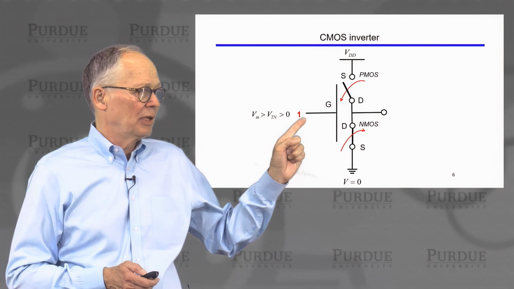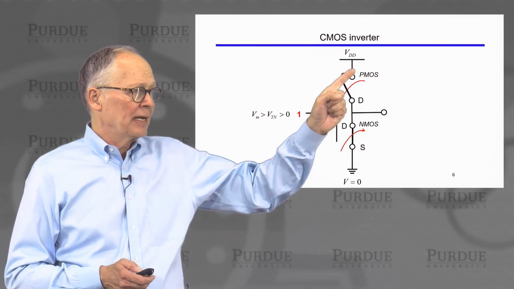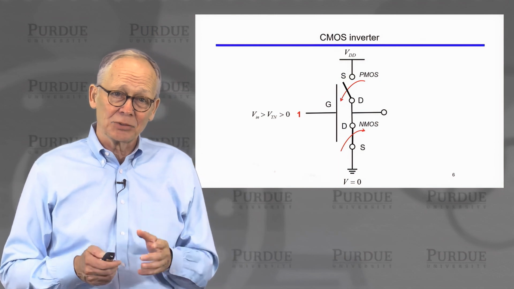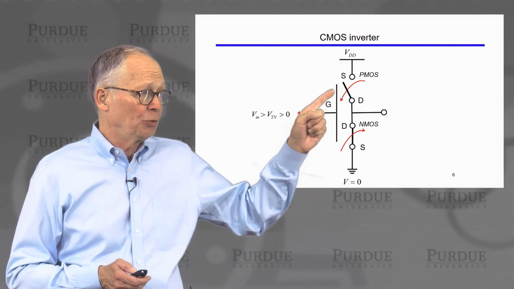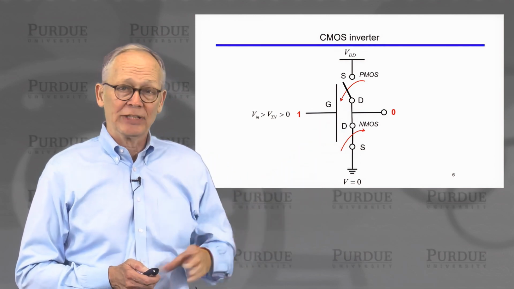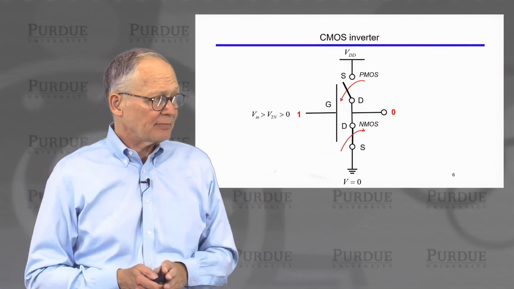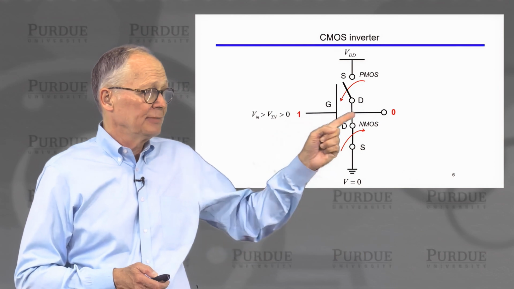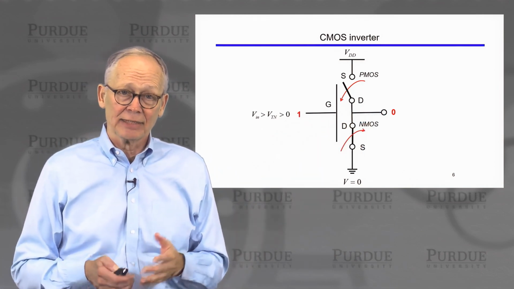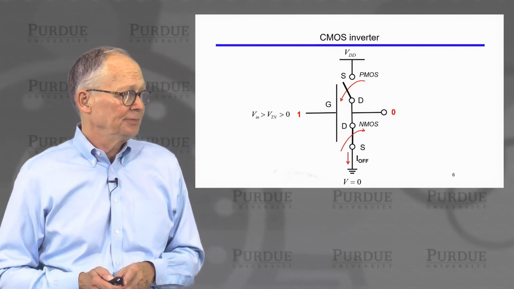The large voltage here, 1, and the large voltage on the source means there's no voltage difference between the gate and the source of the PMOS. That switch is open. The output is connected to ground, so the output voltage is low. And input 1 has been converted to an output 0. The device functions as an inverter. It inverted a 1 to a 0.